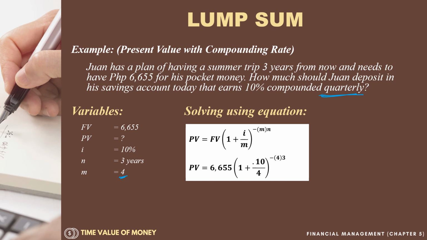So here, please take note that when you divide your interest by m, always multiply your n by the number of periods, with the same m. Now compute this problem using your calculator.